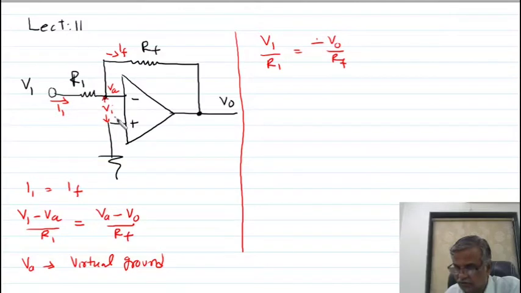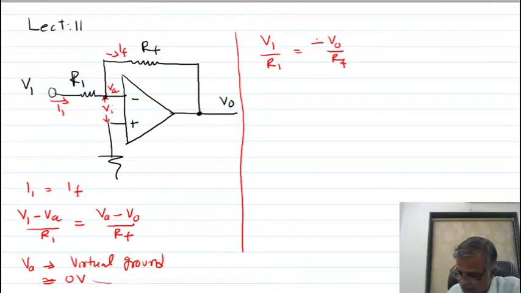The reason is that due to infinite input impedance and infinite open loop gain of the op amp, this terminal behaves as this terminal, because the voltage drop across this tends to 0. If this voltage drop is 0, then VA is at the same potential, the ground potential. So I can write VA is nothing but the ground potential.